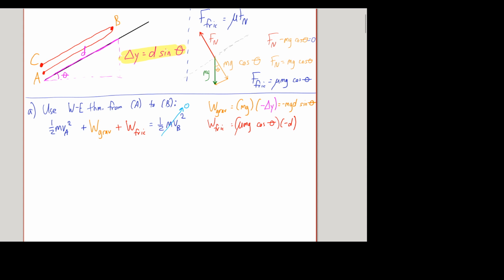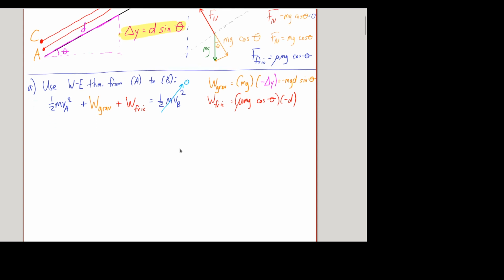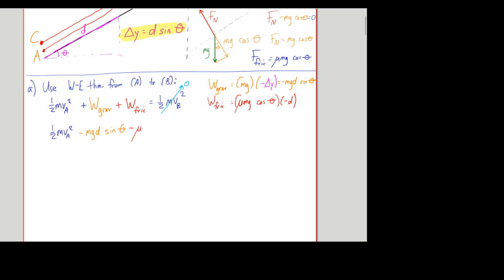So now I can put all those things in. I have that 1/2 m v A squared plus the work of gravity, which is minus mgd sine theta, plus the work of friction, which is minus mu mgd cosine theta equals 0. So the point of this part of the problem was to solve for d. So I can do that.